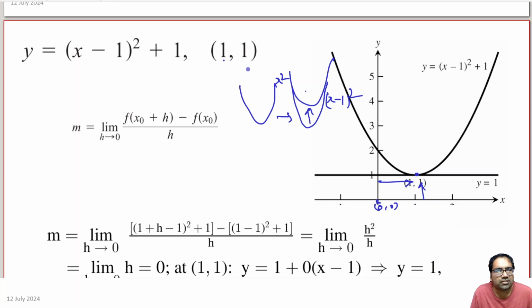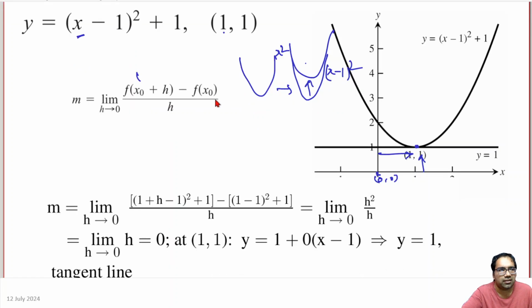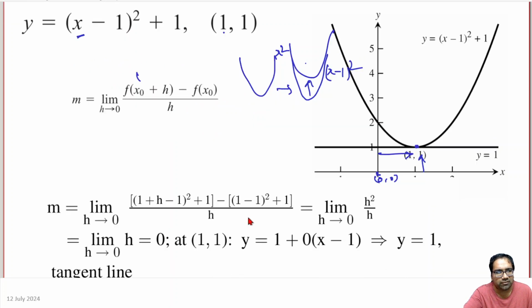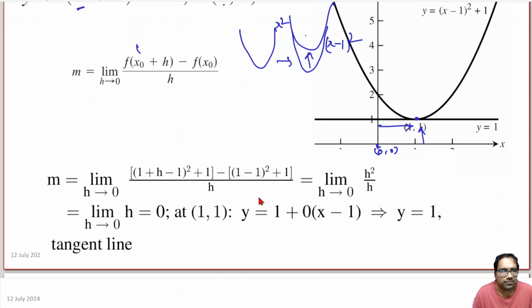Now we want the slope at this point, 1, 1. So x naught is 1. So f of 1 plus h minus f of 1. If we substitute 1 plus h here, 1 plus h minus 1 whole square plus 1, minus f of 1. f of 1 is 1 minus 1 whole square plus 1, which is anyway 0.